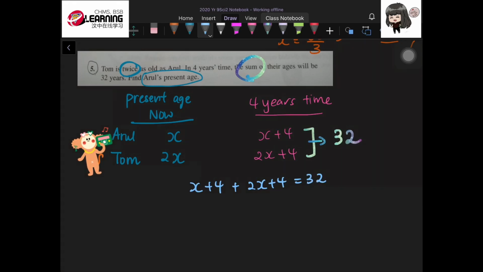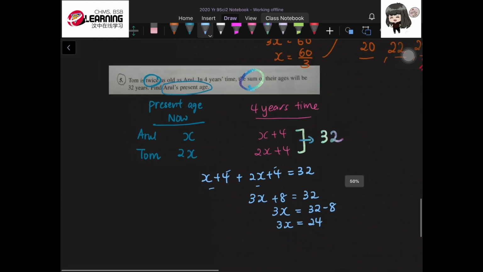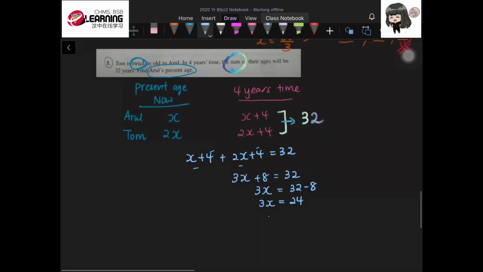And we do our algebra here. X plus 2X, I will get 3X, and 4 plus 4 is 8, equals 32. So 3X will equal 32 minus 8. 3X equals 24. And X will equal 24 divided by 3, which is 8.